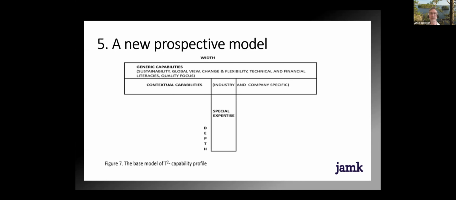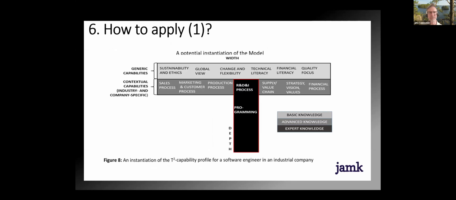But then we have industry and company or organization specific contextual capabilities where you need those wide areas of skills, and still you need the deep special expertise that is the main reason you are hired to an organization, if we take it in very simple terms.